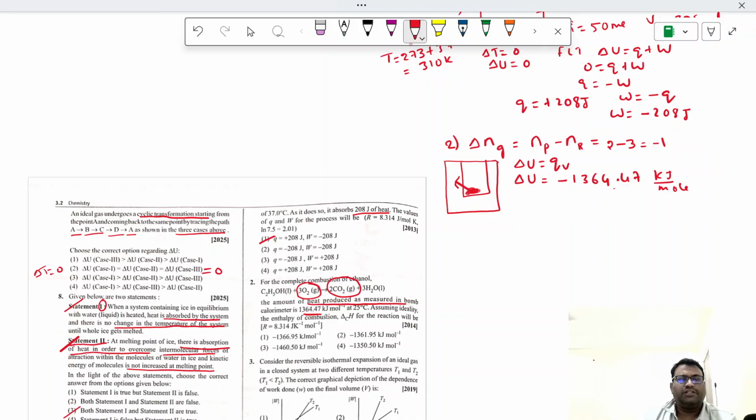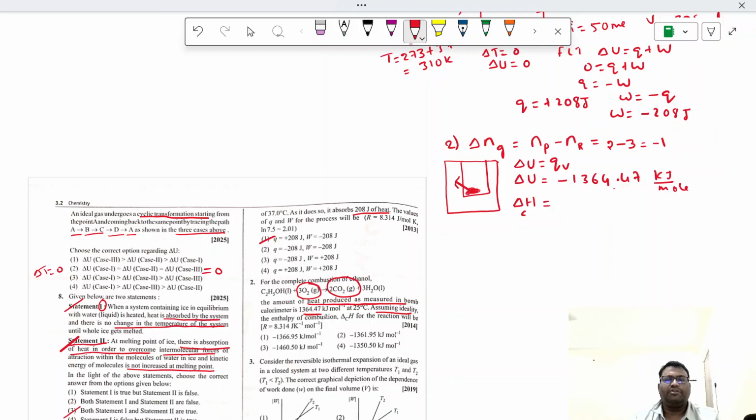And what is asked? Assuming ideality, the enthalpy of combustion. So enthalpy is asked, enthalpy of combustion, delta H. What is the relation between delta H and delta U?